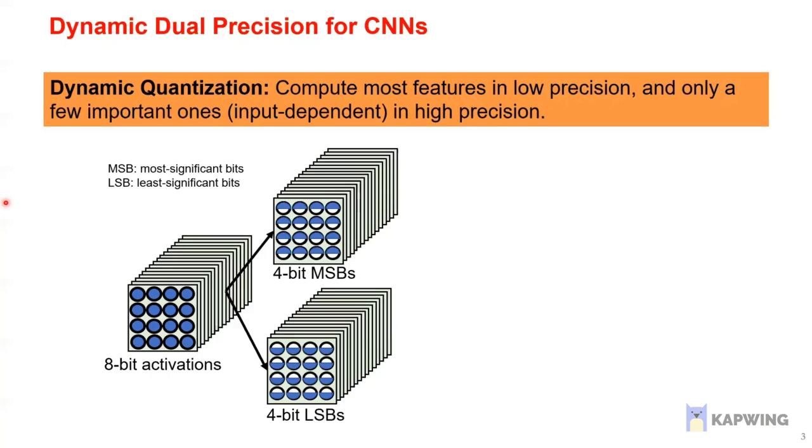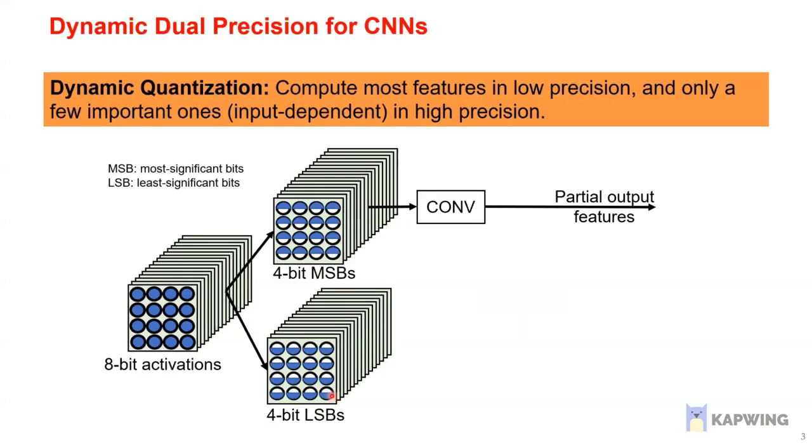Explicitly, we can split the full precision activations, say 8 bits, to 4 most significant bits, represented by a top half blue circle, and 4 least significant bits, represented by a bottom half blue circle. We can first approximate the output features using the MSB activations.